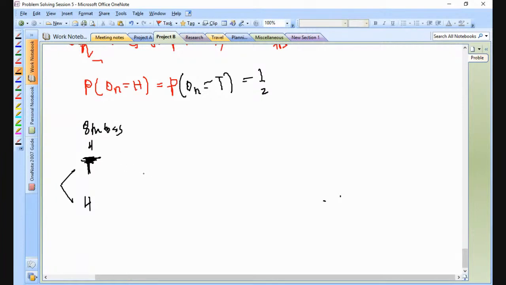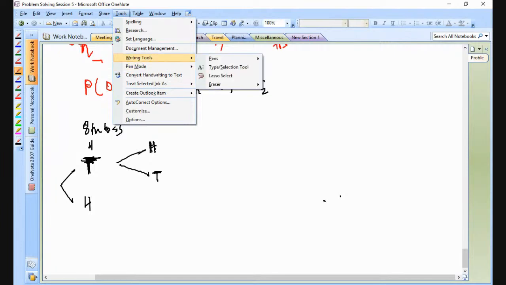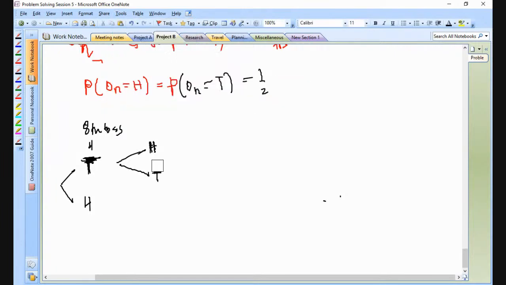I'm drawing the tree diagram that I have taught you in the last class. Whatever the toss is, I will just share with you this new way of doing it.